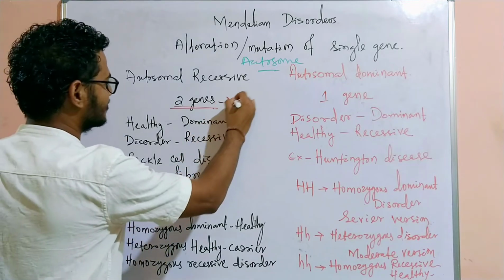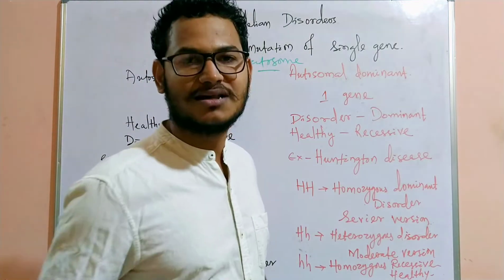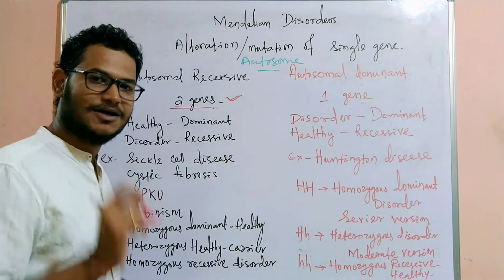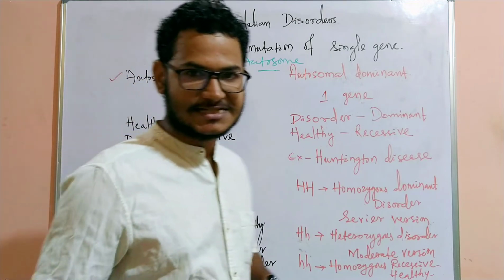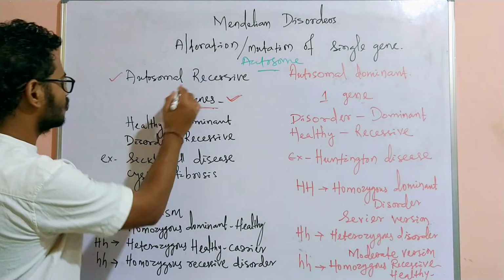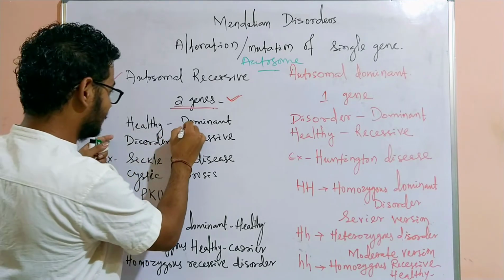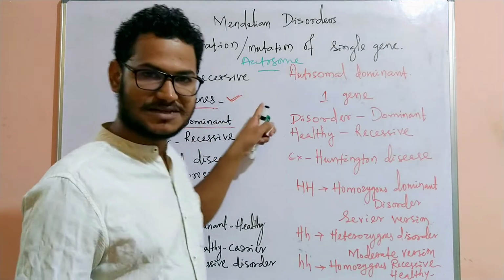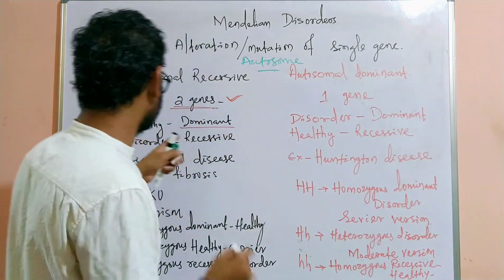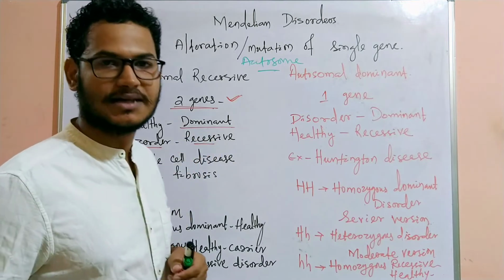When both the alleles are affected, only at that time is the individual said to be affected with an autosomal recessive disease. Here the dominant character is healthy because the disease character is recessive. So the disorder is the recessive character.